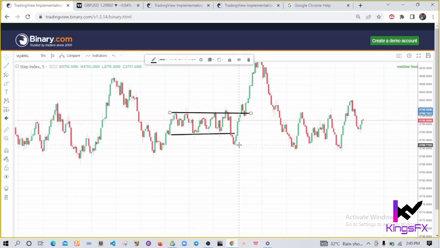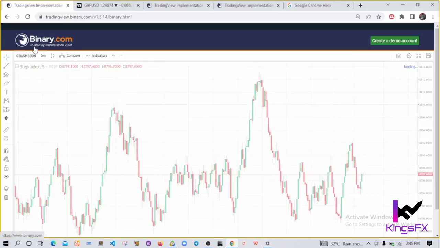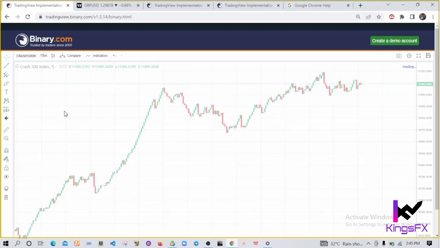If you are looking for a buying opportunity, it breaks the resistance, then you enter a buy. If you are looking for a selling opportunity, it breaks the support, you enter a sell. As simple as that. Let's see if we have any example on crash. Maybe crash 300. We go up to the 5 minute to 15 minute time frame.